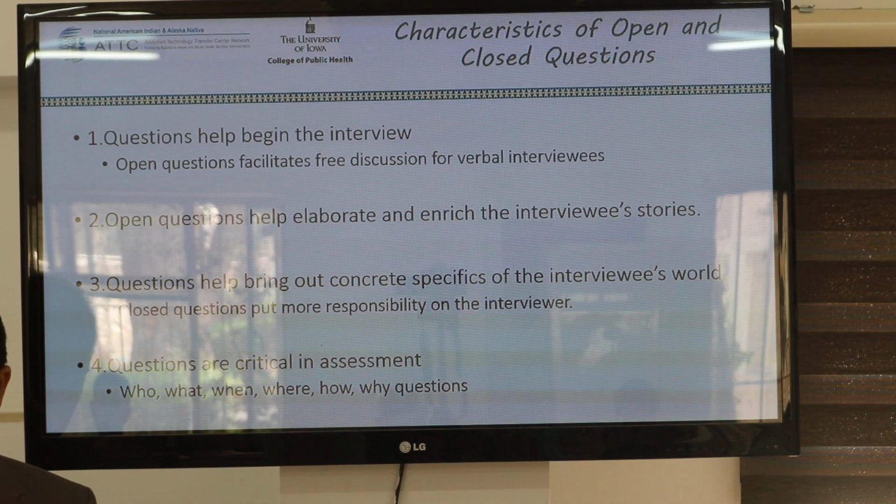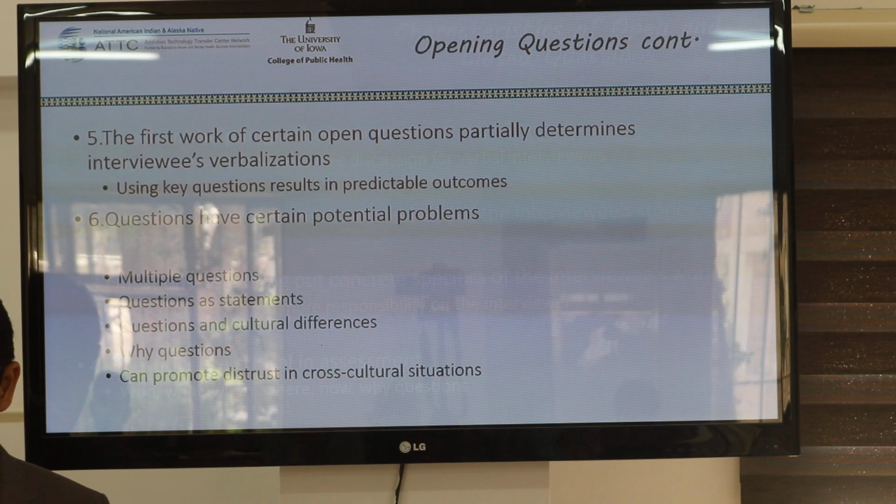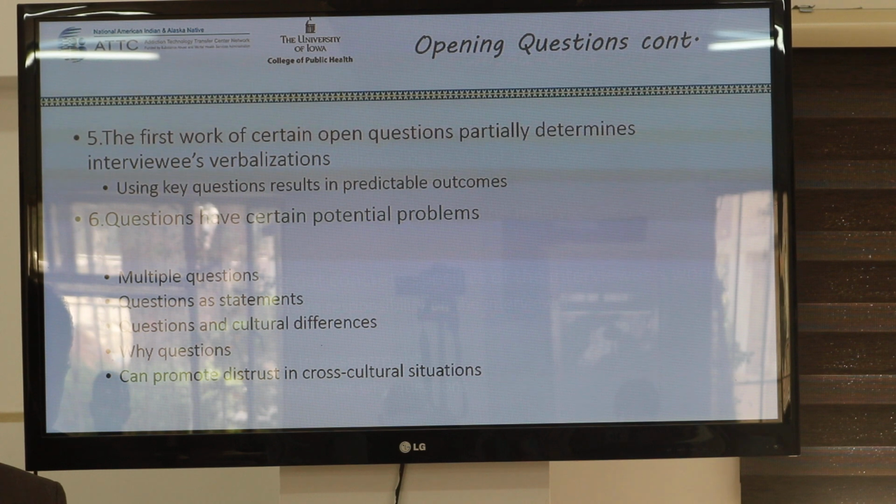So prepare yourself. Use who, what, when, where, how, and why. Avoid closed-ended questions. You should prepare follow-up questions. For example, if you ask them about challenges they are facing in community pharmacy, and one of them mentions the prices or the price sticker, we will ask them why it's a problem.